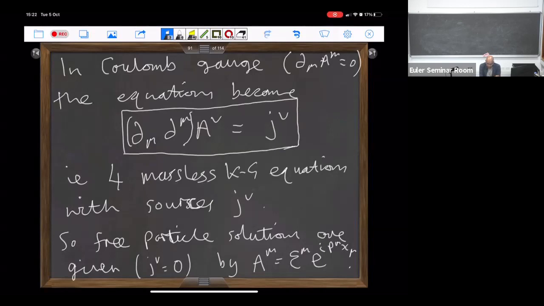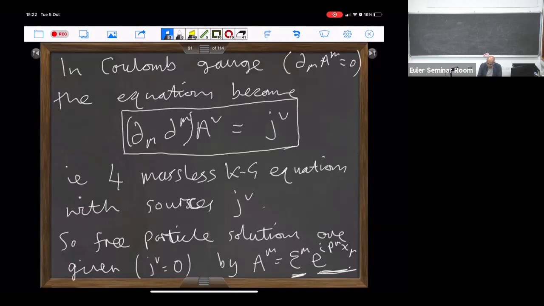So in the absence of sources, so if J mu is 0, then the free particle solutions are the same as the solutions of the Klein-Gordon equation, namely just these e to the i p mu x mu solutions.